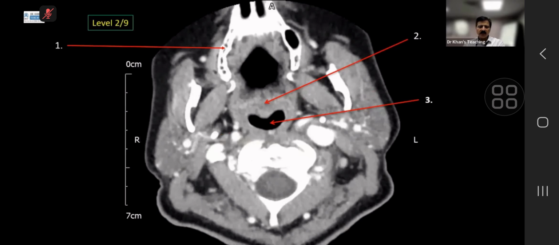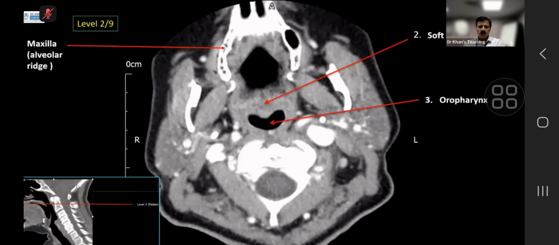It opens here. Next level. Number 2. Okay, so number 1 is the alveolar ridge, number 2 is the uvula or soft palate, and number 3 is... excellent. So this is the level, and we can see the answers here.